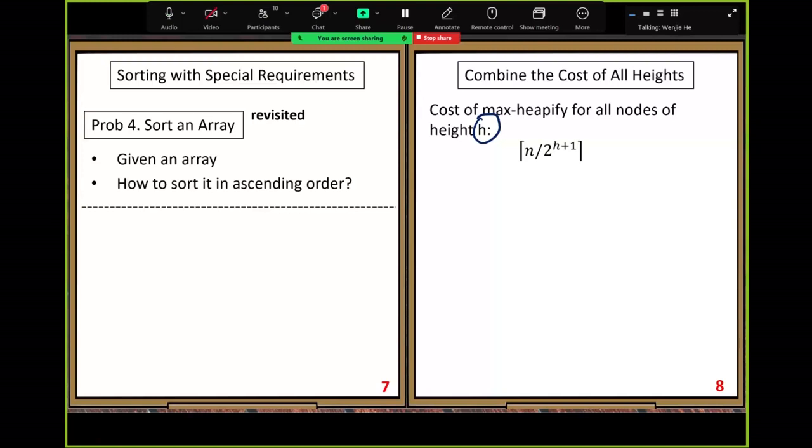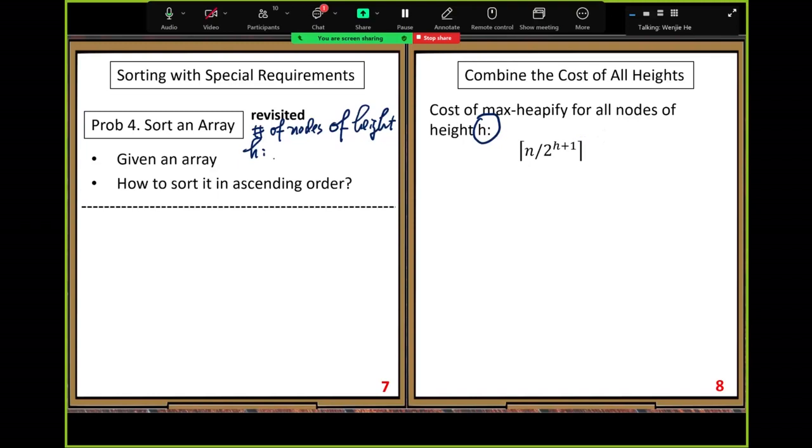Here is a ceiling function. Remember, the number of nodes of height h. The formula is not exactly this one.